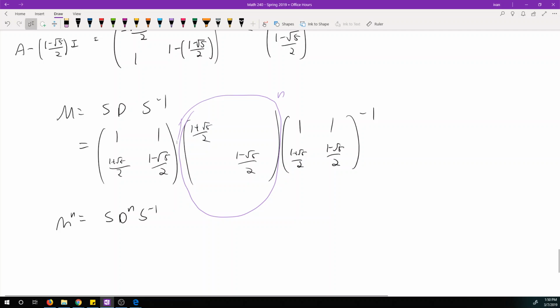And then to find the nth Fibonacci number, what you want to do is, okay, so the nth Fibonacci number, right.